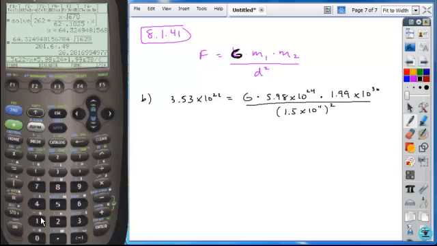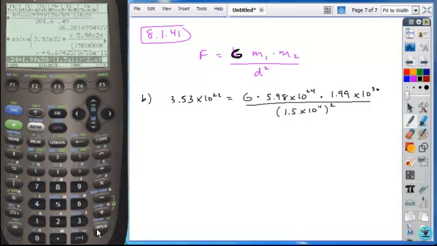Divide by this whole quantity, 1.5 times 10 to the power of 11, and that whole quantity is going to be squared. Identify what I want to solve for, so comma x, and once I do that and hit enter, I get my solution. The gravitational constant for this value right here is 6.67 times 10 to the negative 11.